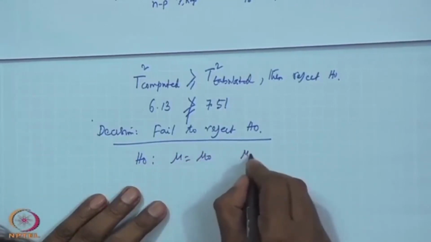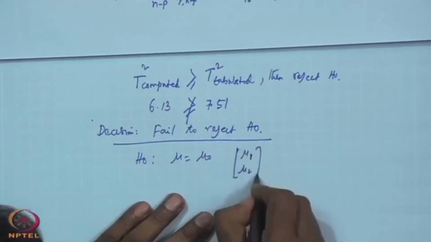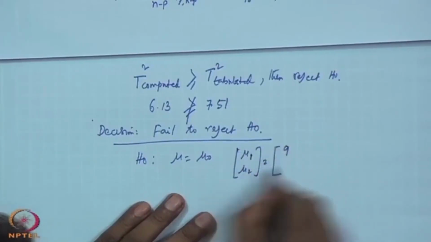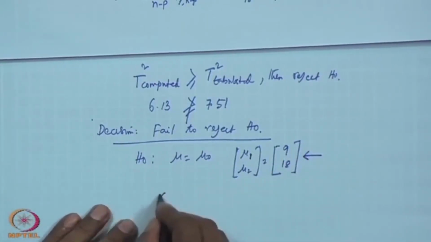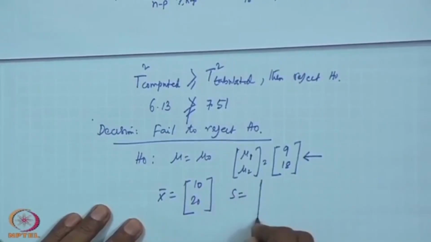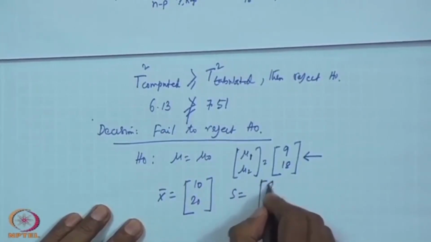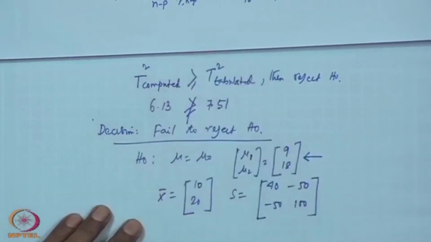What are we saying then? Suppose I have written 0 like there, basically mu 1, mu 2, that 0 stands for null hypothesis, that is 9 and 18. This is your null hypothesis. What you have is x bar equal to 10 and 20, and S is 40, minus 50, minus 50, 100, and now you know the population characteristics, and based on this t square computed and t square tabulated.